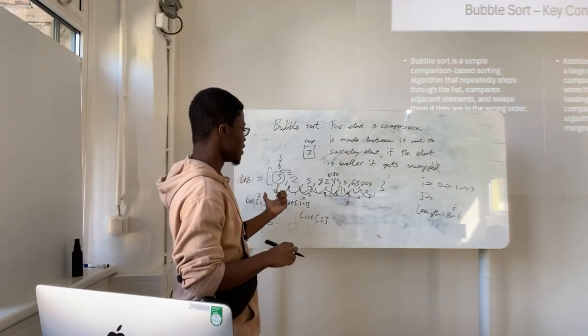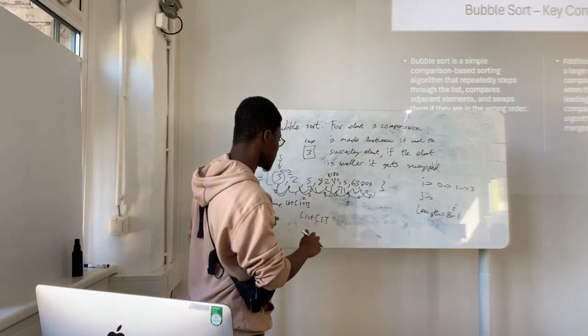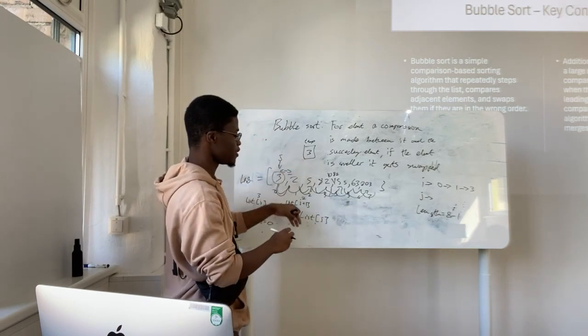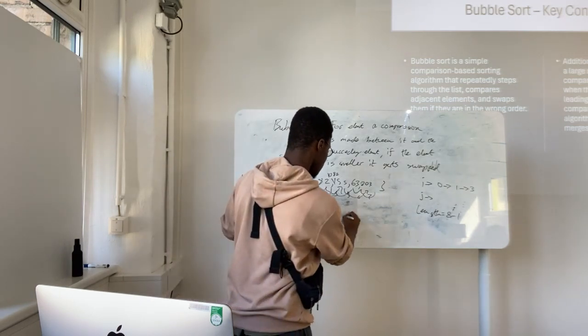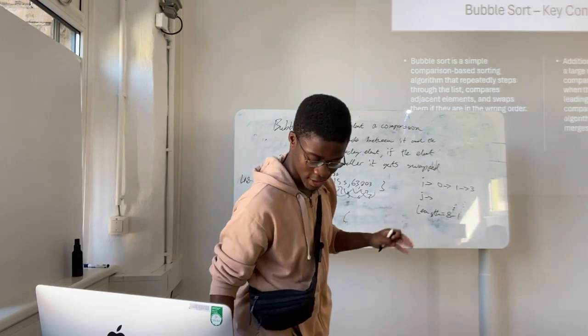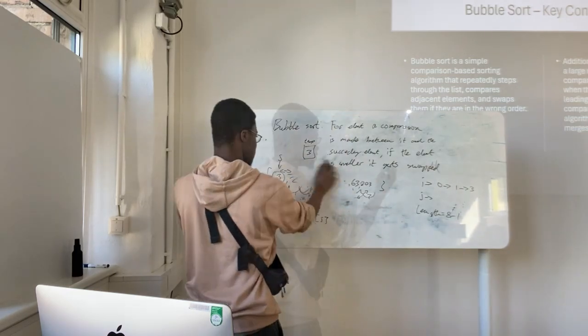Yeah, and that's what we did here, where we set a temporary value. So I'll just go through it again. Let me get a cleaner slate, so it's less messy.